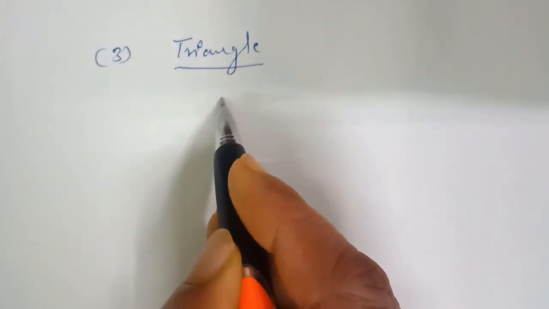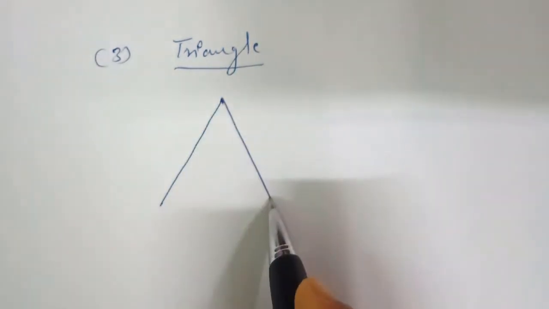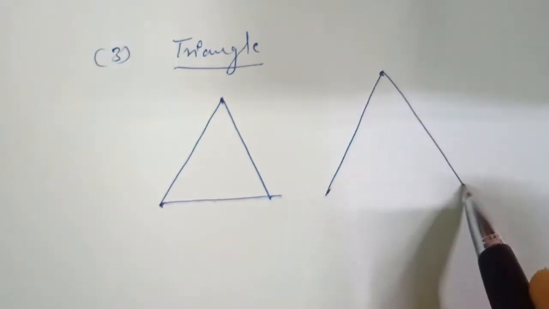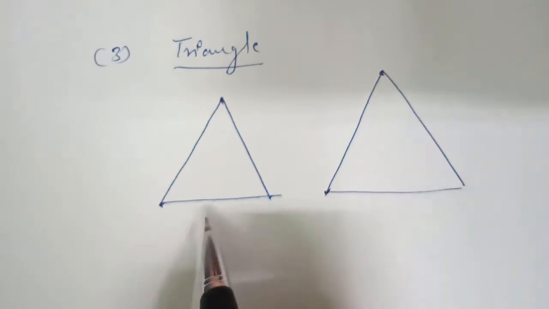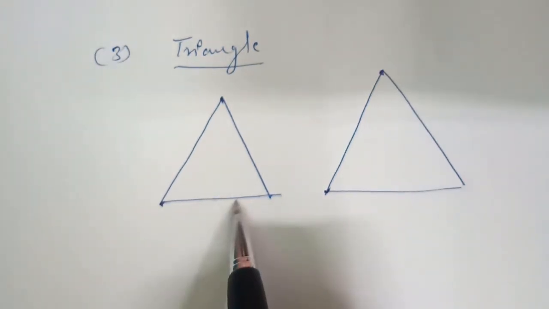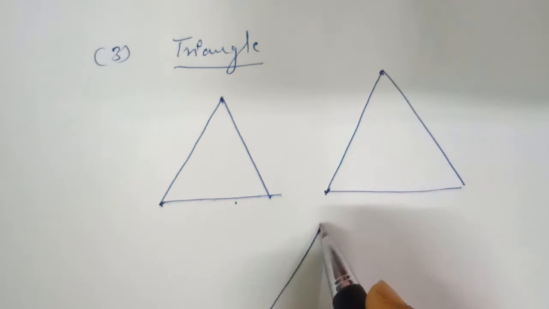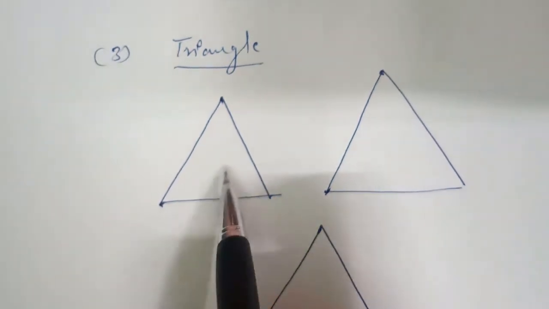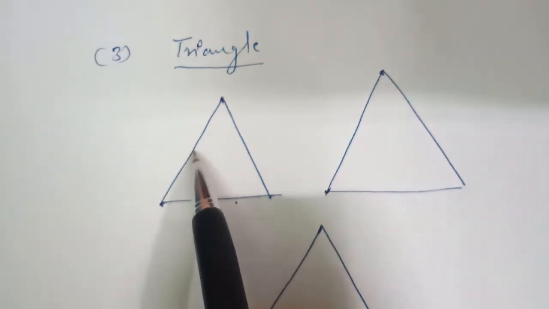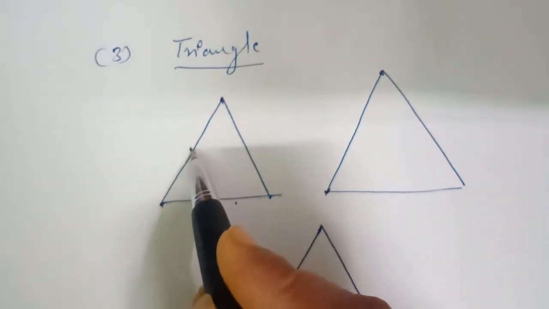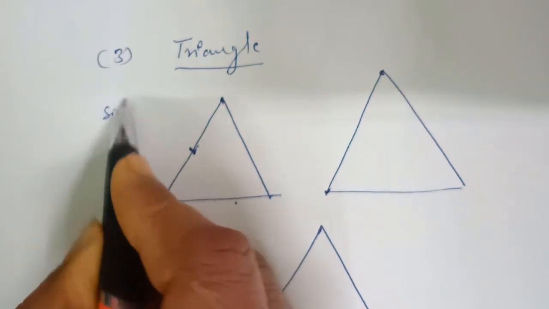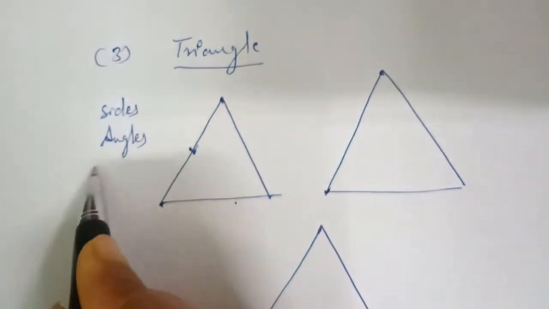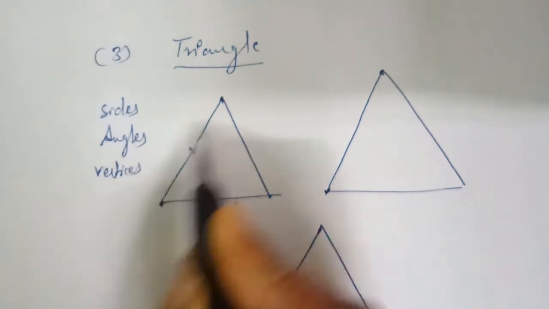In case of triangle, if we see the figure of a triangle, first of all we have to take the parts of a triangle. For congruency, the parts of a triangle which are taken are sides. We know that the parts of a triangle are sides, angles and vertices. Vertices are the points.